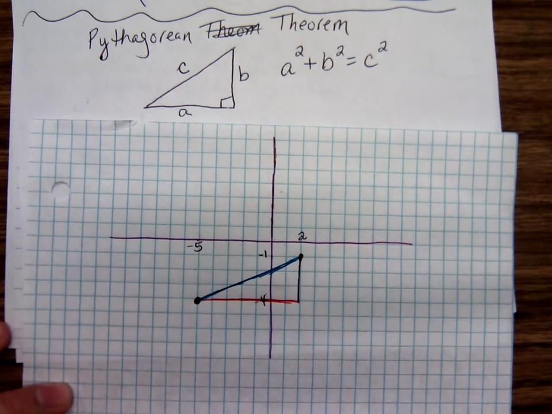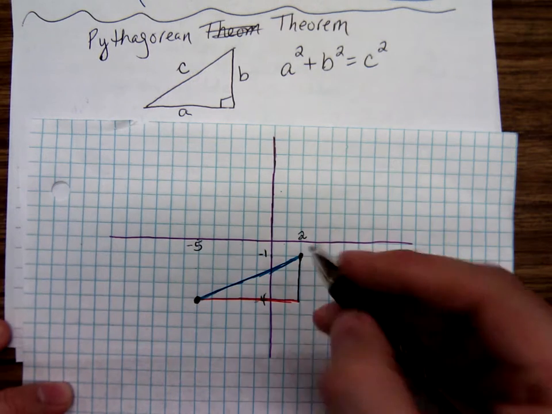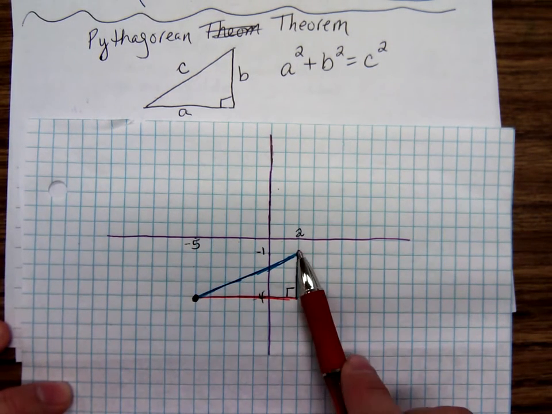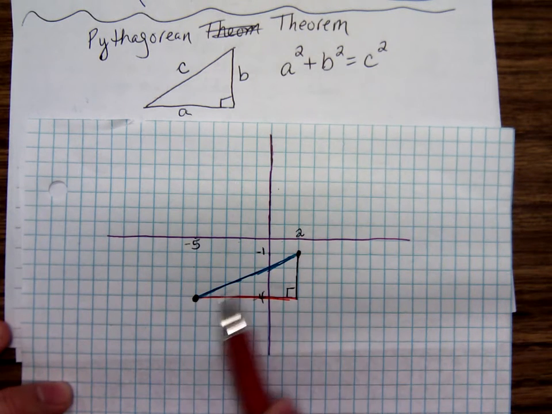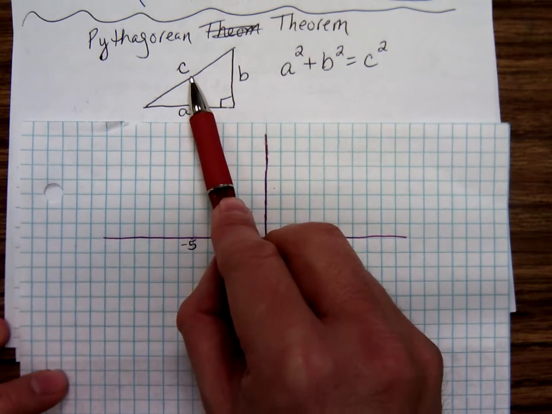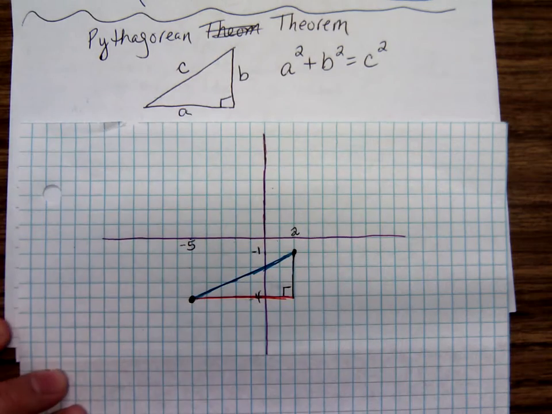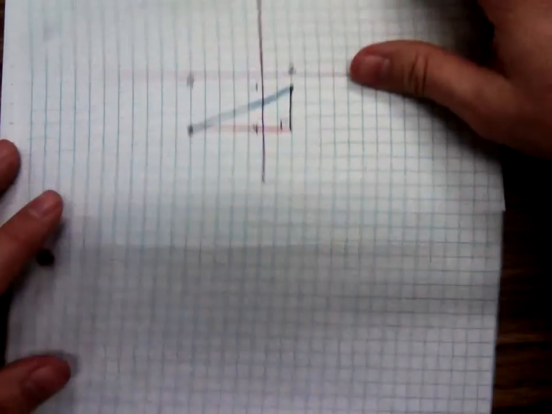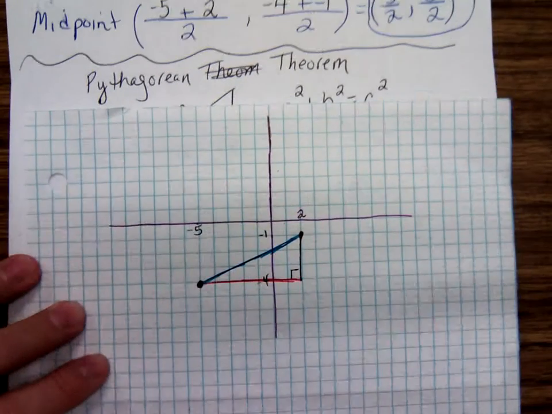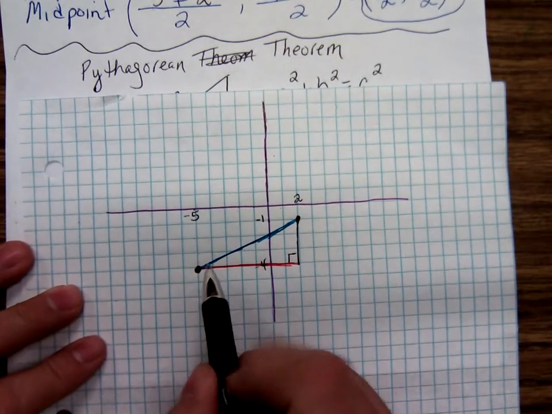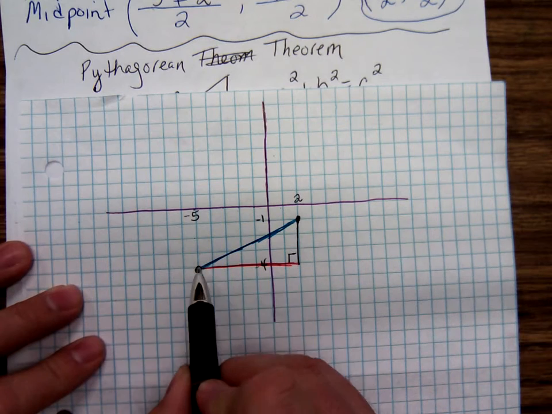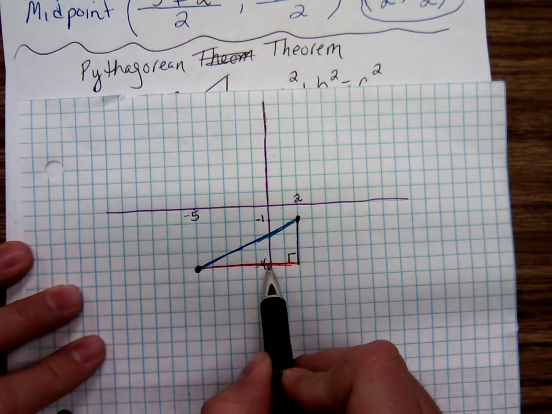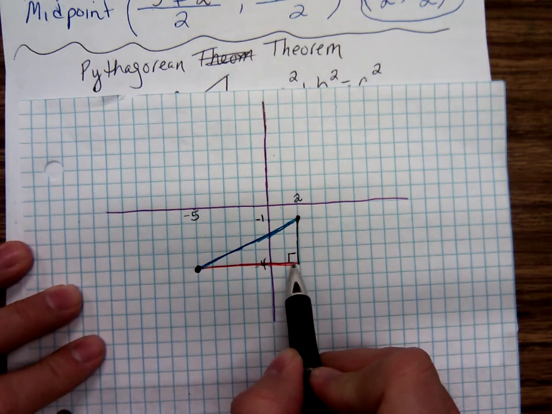So there's our right triangle. Let's start. Do y'all agree that this length here would be that hypotenuse c? So let's start counting. If you don't have the graph paper, it's sort of hard to count. But with my graph paper, how many units is it from here to here? 1, 2, 3, 4, 5, and then plus 2 more. 7 units.